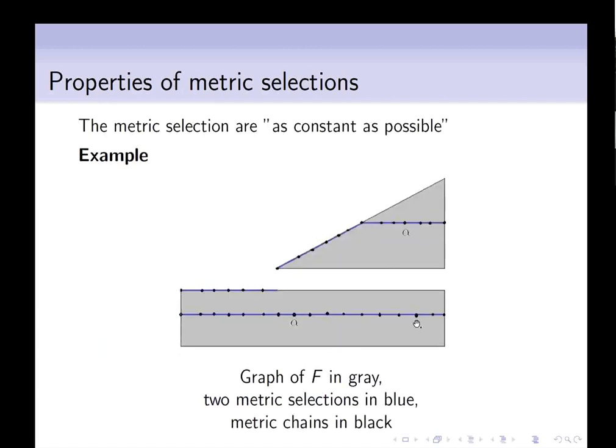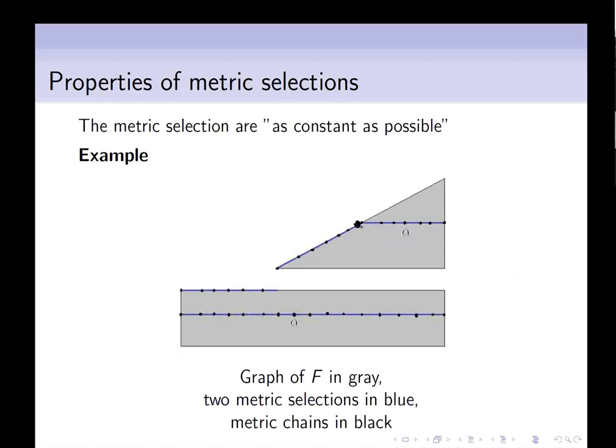And now in this example, we can see two simple metric selections for very simple set-valued functions with one-dimensional images. The multifunction's graph is in gray. This series of black dots is just one metric chain, and we construct chain functions and go to the limit, resulting in this metric selection, whose graph is in blue.